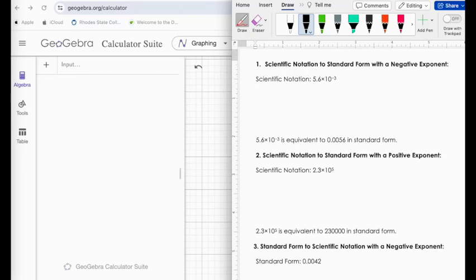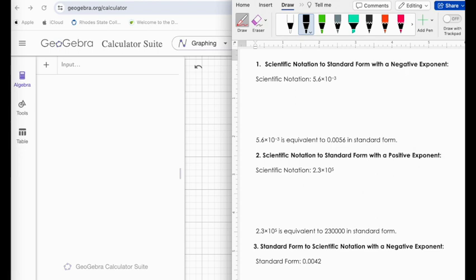In this mini lesson, I'm going to show you how to convert between scientific notation and standard form. We usually use standard form for most calculations. However, when we're dealing with really small numbers, for example 0.000078, or a really large number, like 2,500,000.